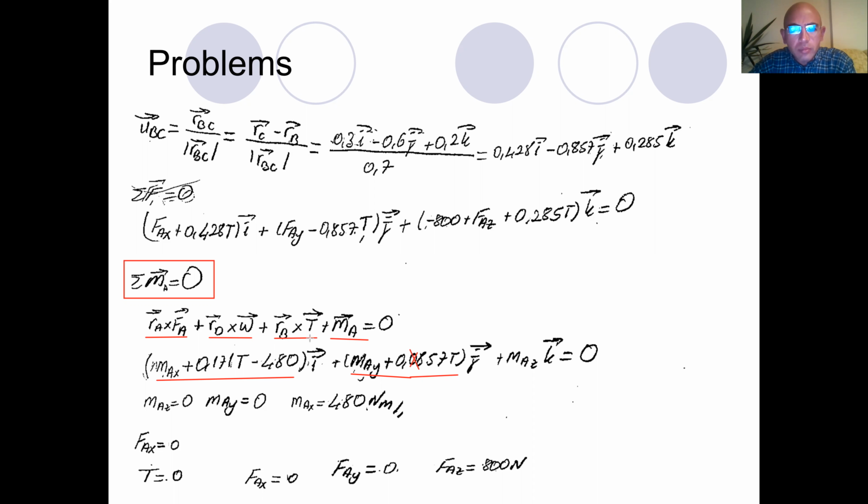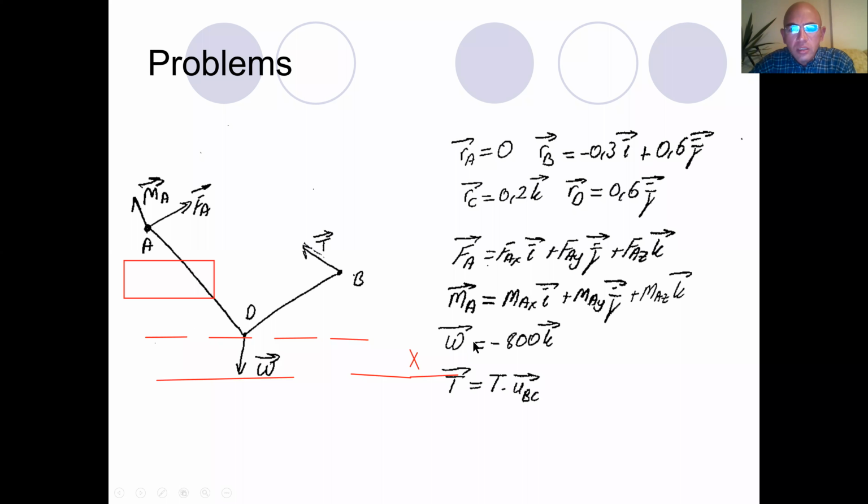This is RB multiplied by T. Let's check the RB: 0.3 I vector, 0.6 J vector.